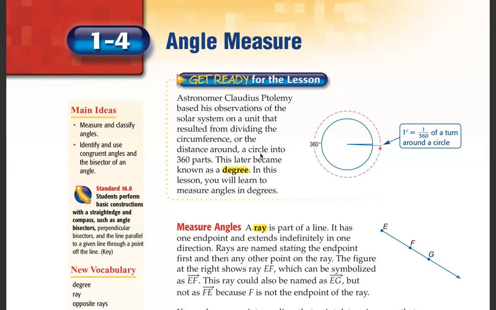I'm explaining this because I said we will be discussing the basics of geometry, and this time we'll talk about angle. When you hear the word geometry, you always think of figures, right?